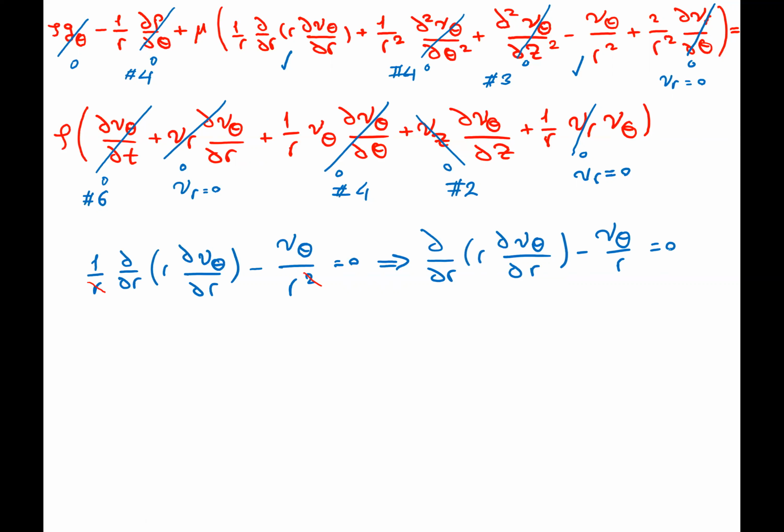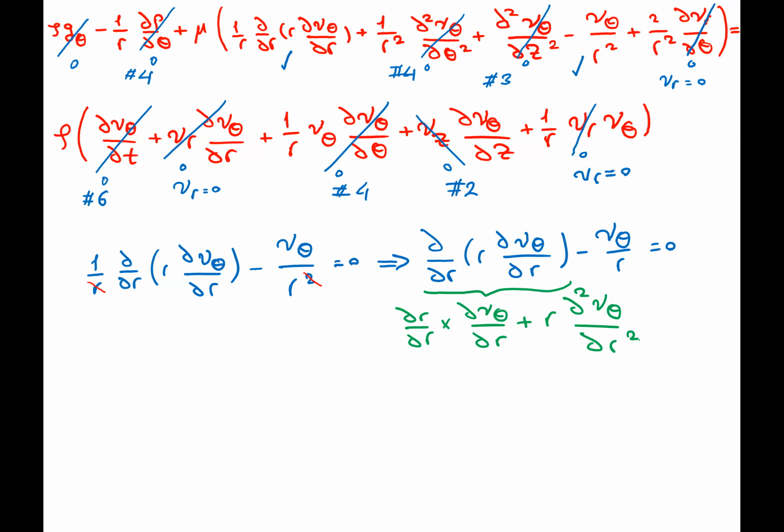So I can simplify this term and write it as follows. The first derivative of the first term multiplied by the second term gives me the first derivative of r with respect to r multiplied by the first derivative of v theta with respect to r, plus the first derivative of the second term multiplied by the first term.